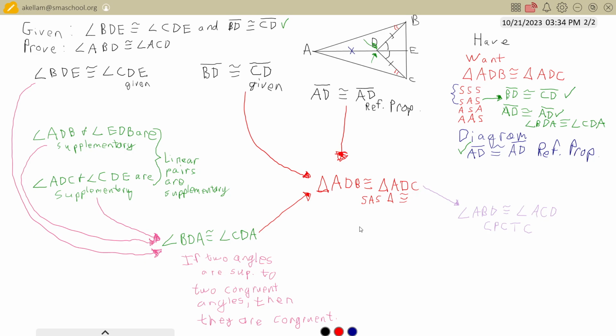So in conclusion, you would have kind of a thought process that you need to go through in order to show triangles or parts of triangles are congruent. First thing is to figure out what you have. If the diagram is not already marked for you, this is when you need to mark the diagram. Then, figure out which way you're going to try to approach what it is you want.